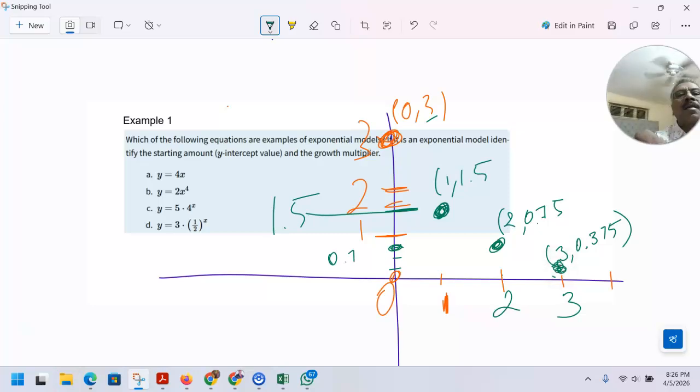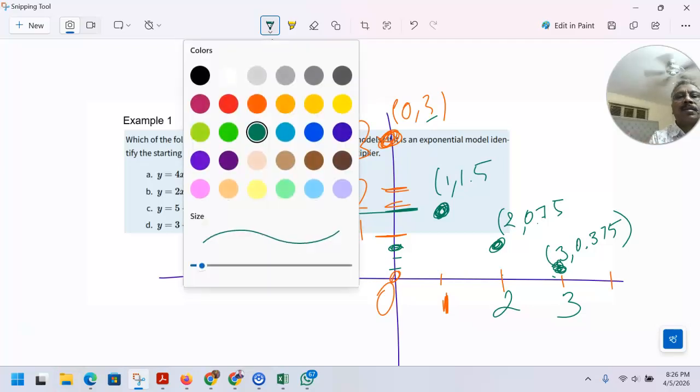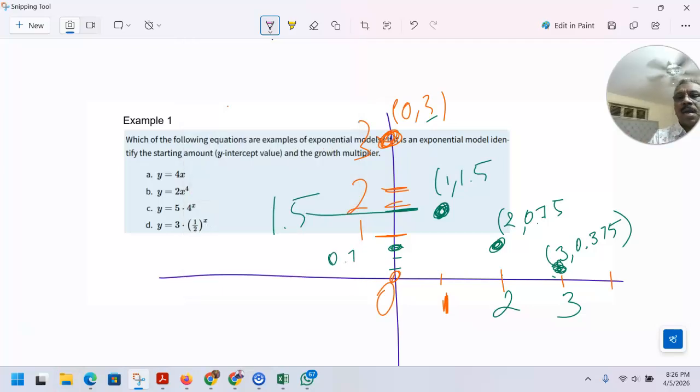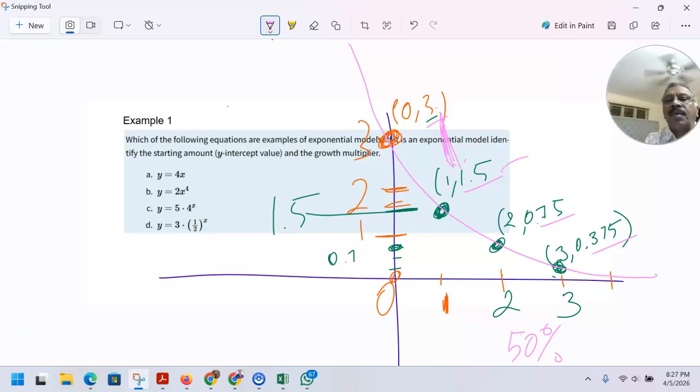You can see there's a graph, and the graph goes like this. See, pink color. So there is a percent decrease, a 50% decrease. You can see this 3 becomes 1.5, and they don't go down by the same number. In the beginning, it goes down from 3 to 1.5, but from 1.5, it doesn't go that much down.